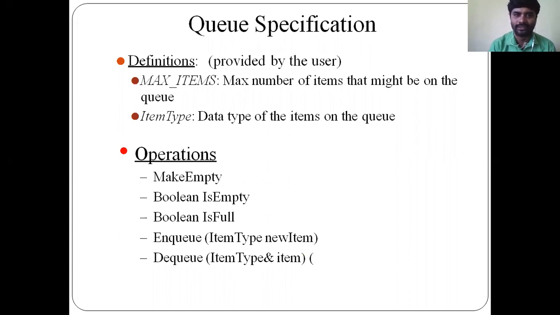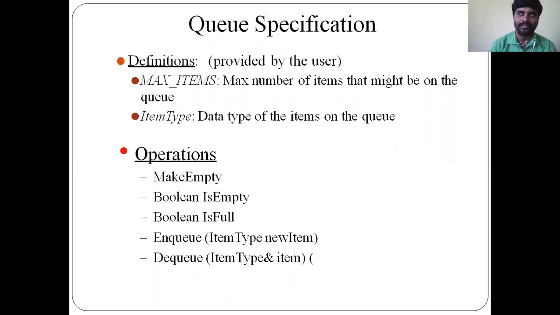Then we have to study the operations of a queue. First is make empty, which is the same as in the stack. Boolean is empty, the same as in the stack. Boolean is full, and NQ.